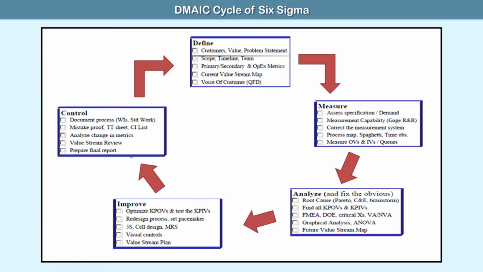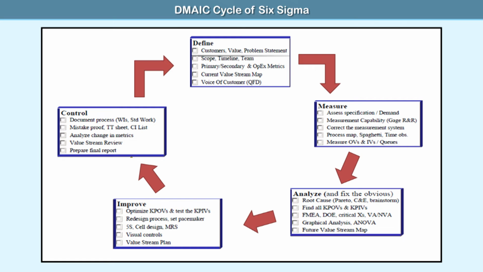Analyze: root cause, FMEA, graphical analysis, ANOVA, future value stream map. Improve: optimize KPOVs and test the KPIVs.